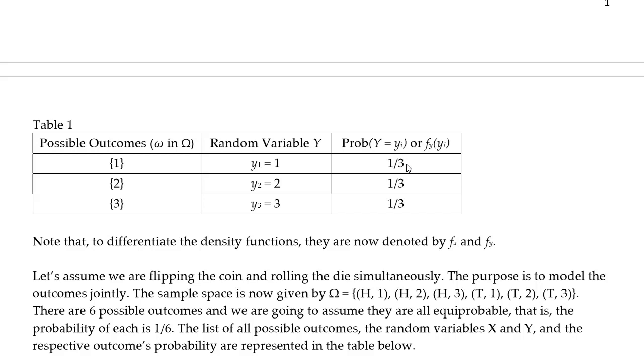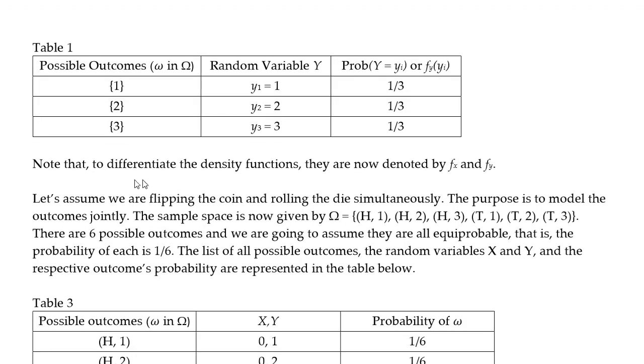Therefore, the probabilities are 1/3, 1/3, 1/3. Note that to differentiate the density functions, we are using two notations now, f_X and f_Y, where X and Y are in the subscripts. Okay, so how am I going to model both experiments at the same time?